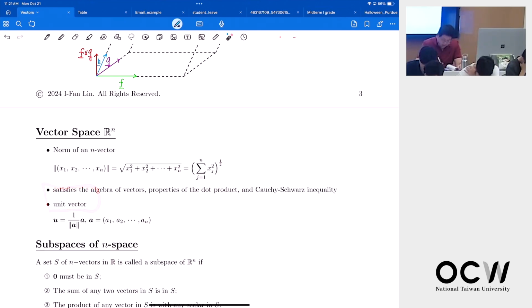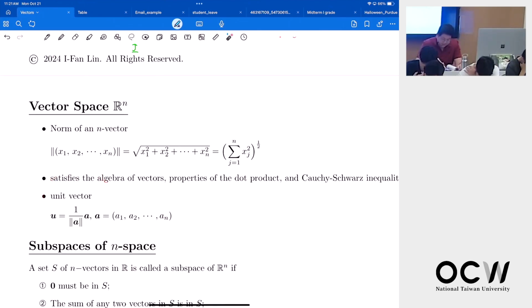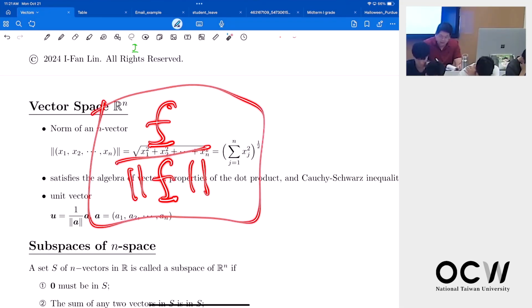Always, when you see the unit vector, that means once you have a vector f, you divide by your magnitude or norm, and this vector becomes a unit vector. Okay. Because it normalizes it.